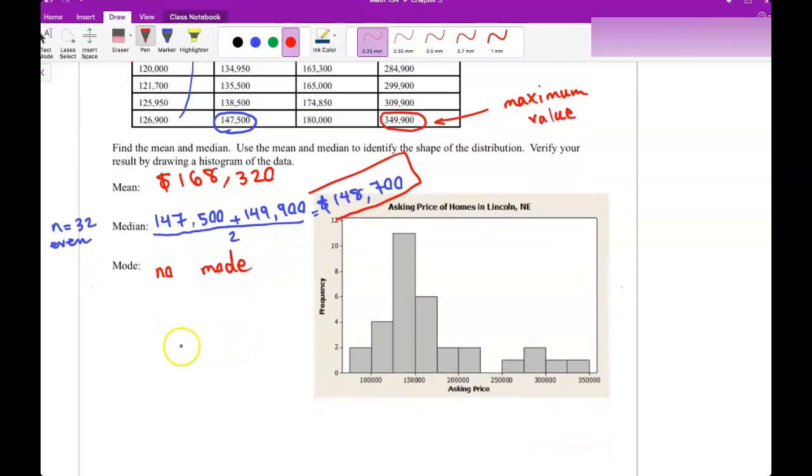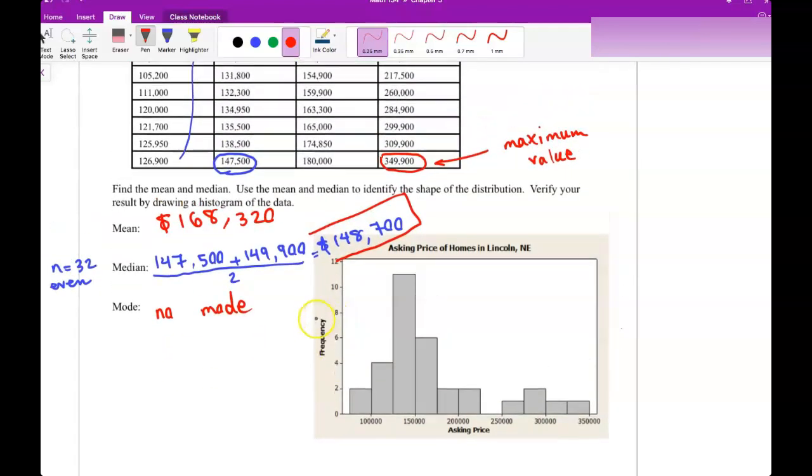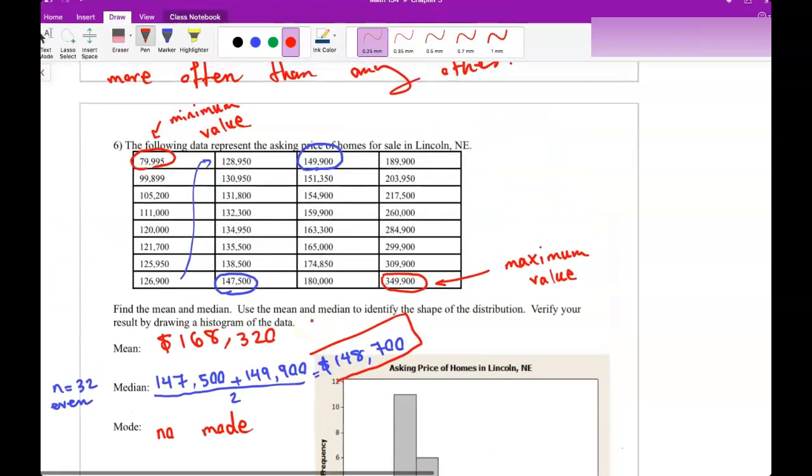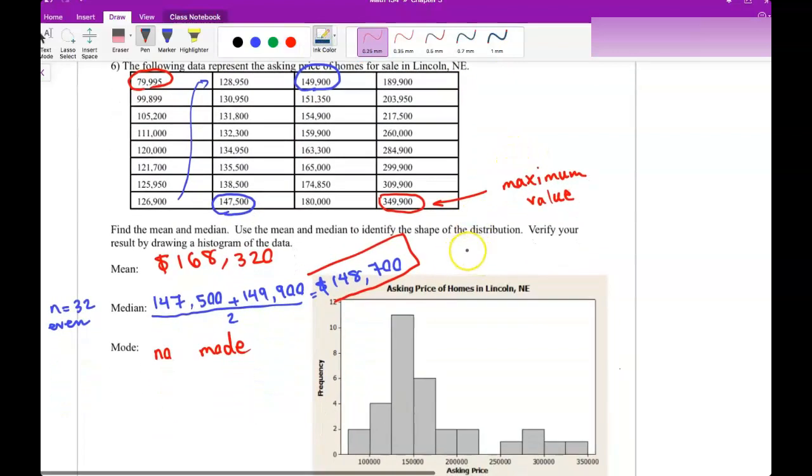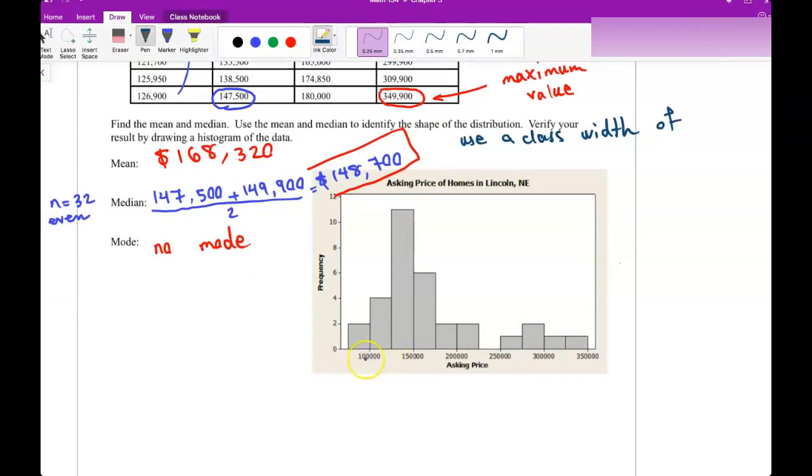Here I want to write what classes we have. I'm going to use class width. Class width, let's see, what we have here is 100,000.